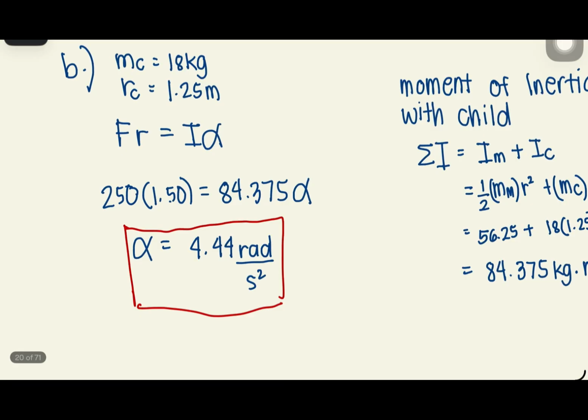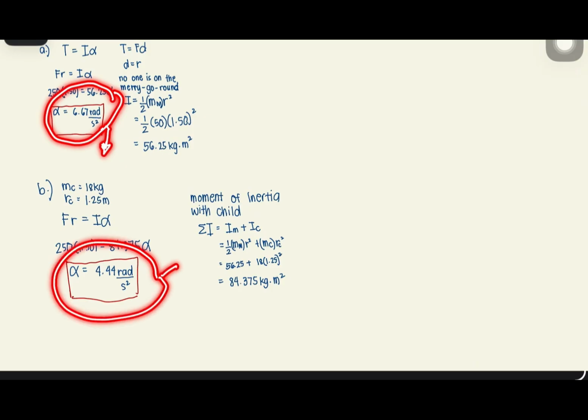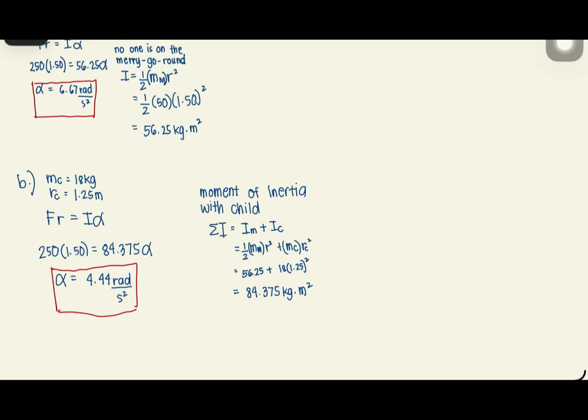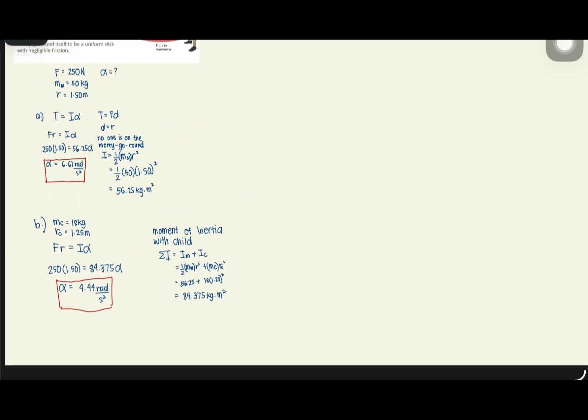Yung alpha na masasolve natin is 4.44 rad per second squared. So, yung comparison ng dalawa, nung wala pa yung child, mas mabilis yung angular acceleration. Pero yung na-add na yung child, humina siya kasi yung moment of inertia dito is mas malaki as compared dito sa unang na-solve natin. So, ibig sabihin ng moment of inertia, siya yung resistance niya dun sa angular acceleration, or mahirap na siyang paikutin gawa nga nung additional mass.